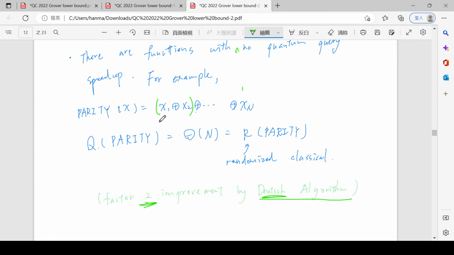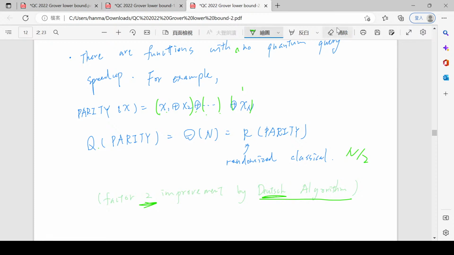So we can pair everything up: run the Deutsch algorithm to compute x1 XOR x2, x3 XOR x4, and so on. That only uses n over 2 queries, and then you just add up everything else classically. That will give you this factor of 2. But that's the most you can do quantumly. Anyway, there is no super-constant speedup on this function.